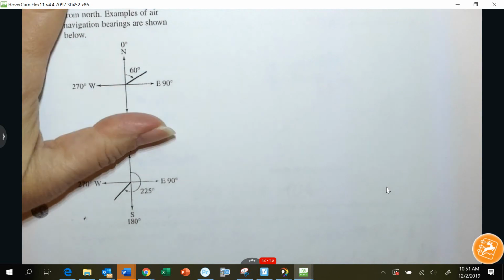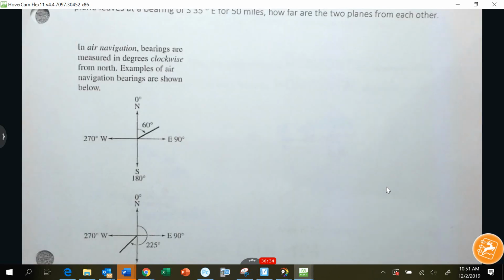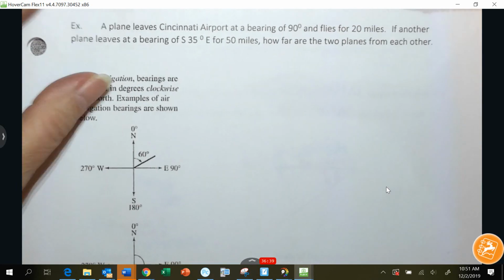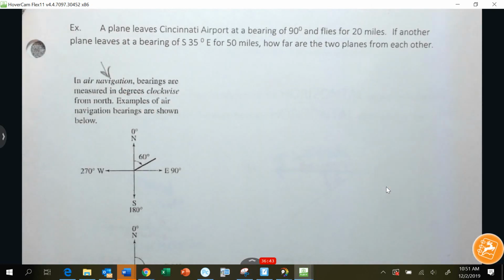All right, there's one last thing. I think there's one question, maybe two, in the homework that talks about this. When we use air navigation, they don't do north, west, or south, east.